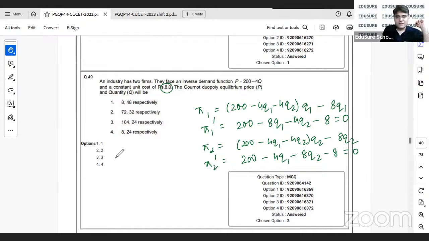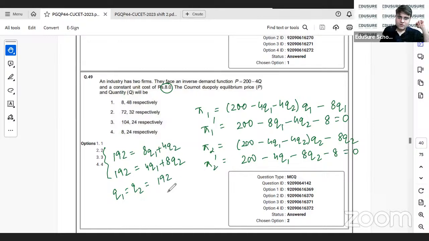So the first equation gives me 192 is equal to 8Q1 plus 4Q2, and the second gives me 192 is equal to 4Q1 plus 8Q2. You'll solve this and get Q1 equal to Q2 equal to 192 divided by 12, which is 16.